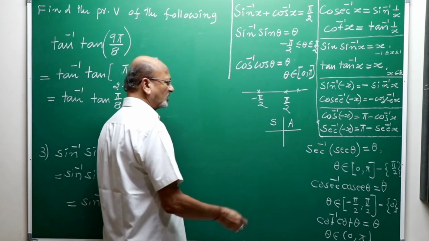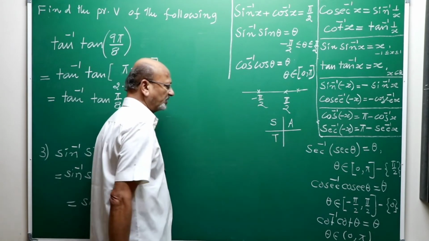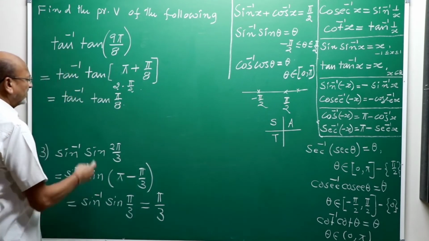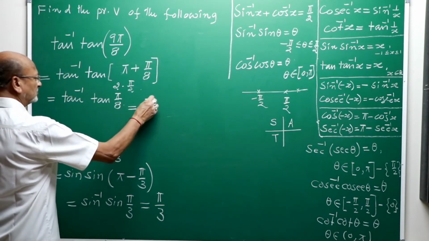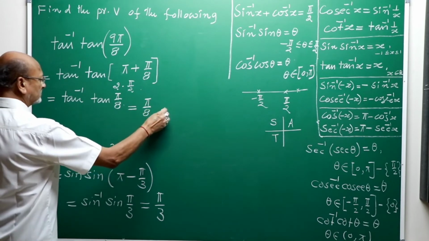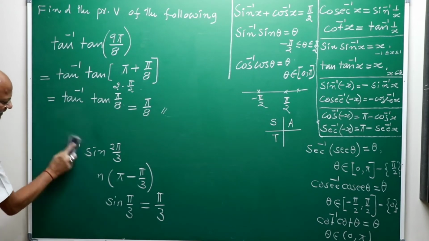In the third quadrant, by the quadrant rule, tan is positive. Then tan inverse of tan is pi by 8.